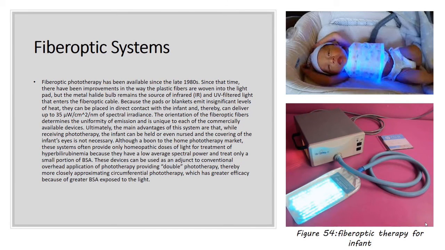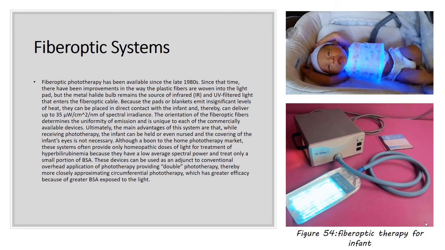Fiber optic systems. The main advantages of these systems are that while receiving phototherapy, the infant can be held or even nursed, and the covering of the infant's eyes is not necessary. Although a boon to the home phototherapy market, these systems often provide only homeopathic doses of light for treatment of jaundice because they have a low average spectral power and treat only a small portion of PSA.